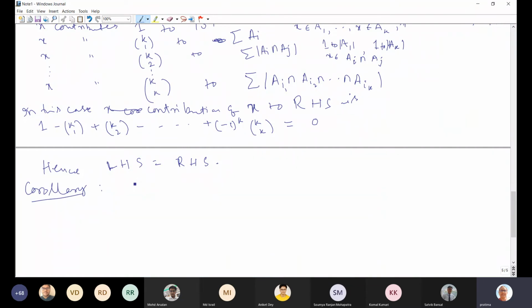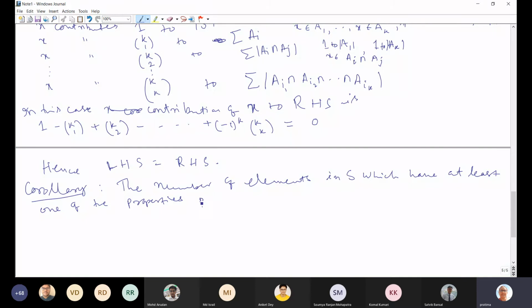It says that the number of elements in S which have at least one of the properties P1, P2 to Pn is, how can you write in set form?